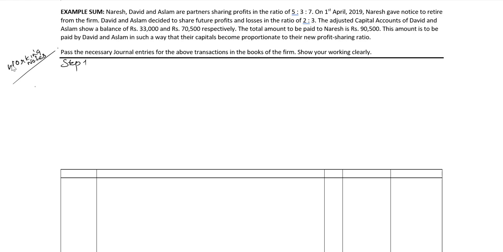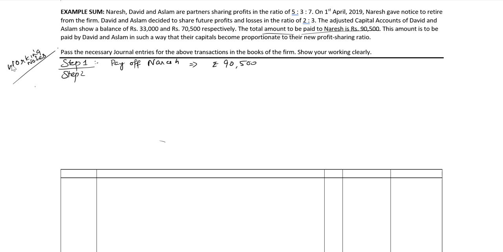Step 1, we need to pay off the retiring partner Naresh the amount due to him. So the total amount to be paid to Naresh is rupees 90,500. We'll pass the journal entry later.